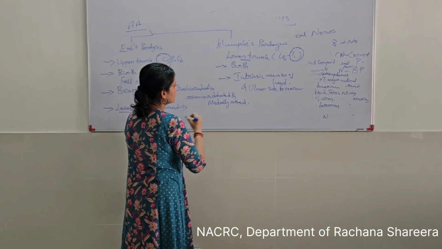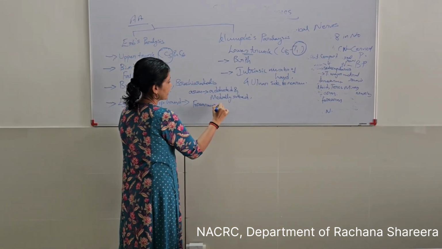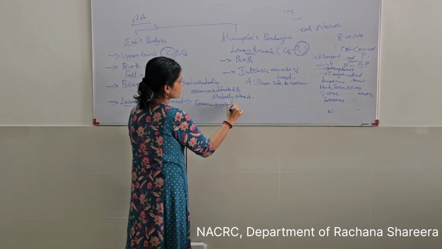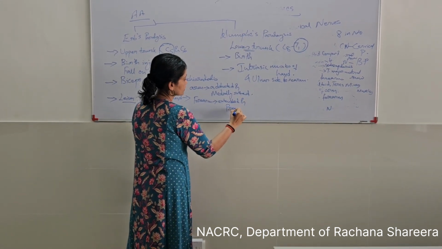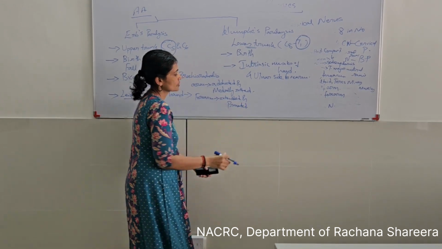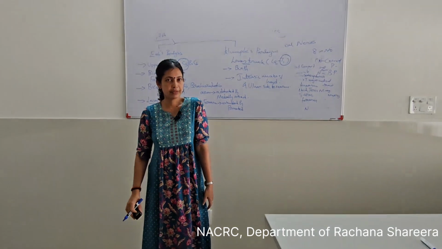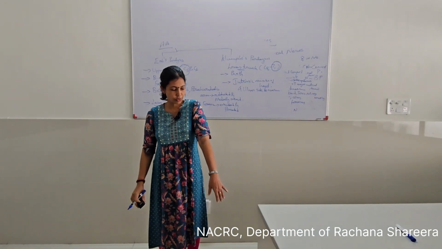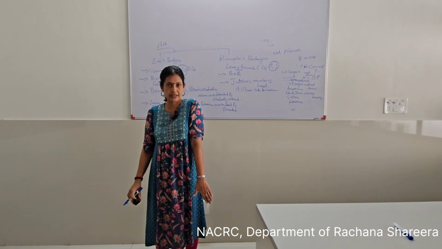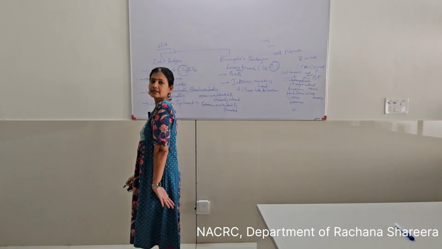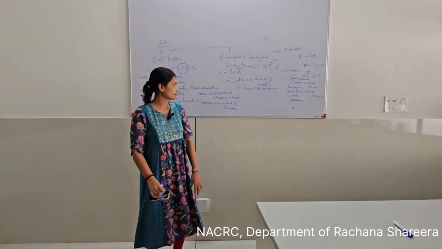Forearm extended and pronated. So arm is adducted and medially rotated. Forearm is extended and pronated. So it will look this way. So they gave the name policeman tip hand.